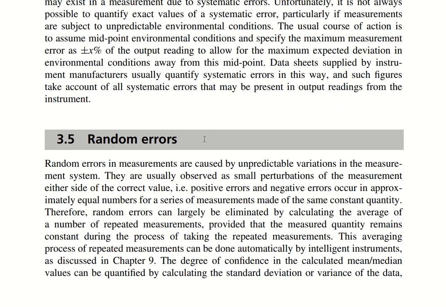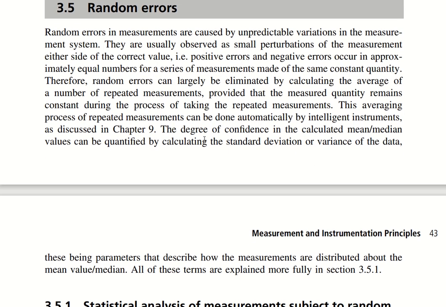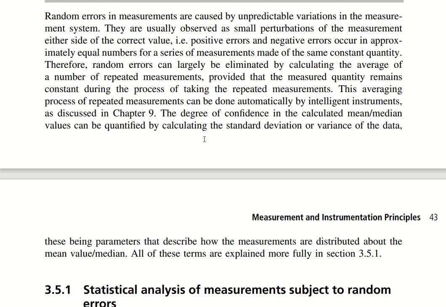Now let's see the random errors. Random errors in measurements are caused by unpredictable variations in the measurement system, and they are usually observed as small perturbations of the measurement either side of the correct value, either positive or negative, right?